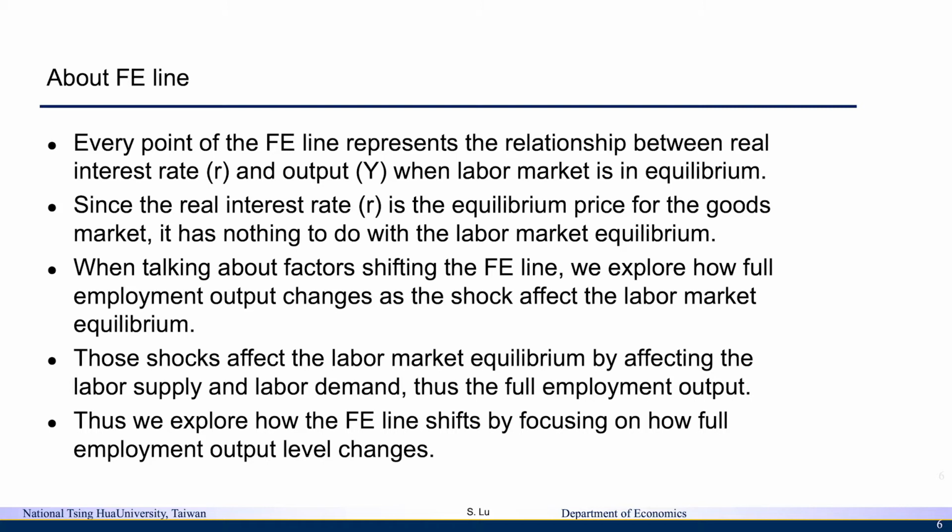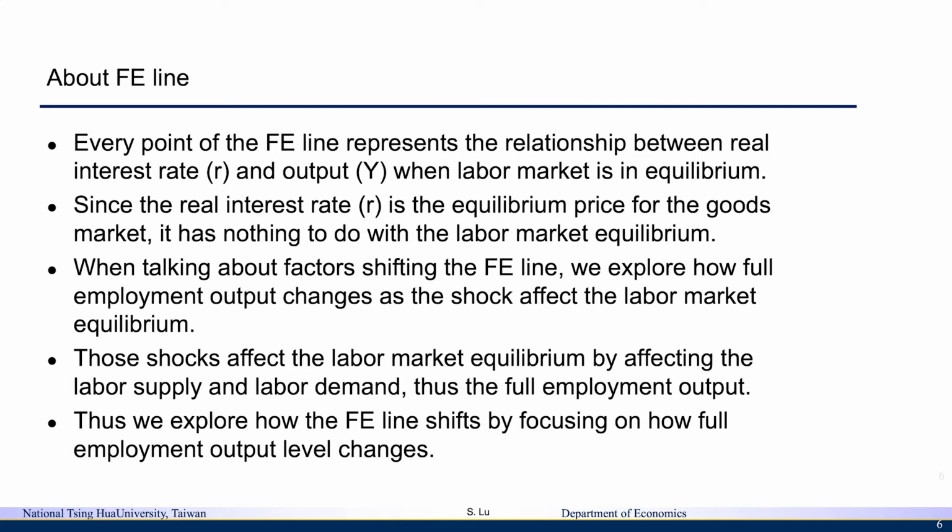It turns out that changes in R have nothing to do with the labor market equilibrium, because R is the price for the goods market and it is not the price of the labor market. Therefore, any labor market equilibrium can correspond to any level of R. Because of that, the full employment line is a vertical line.